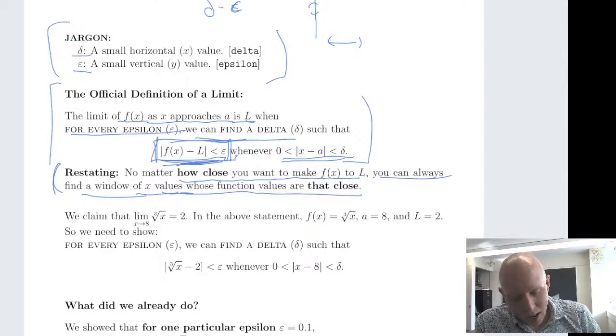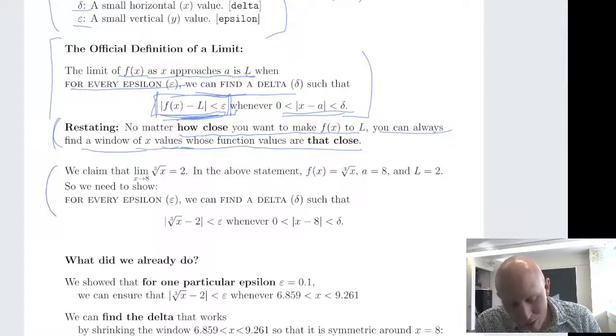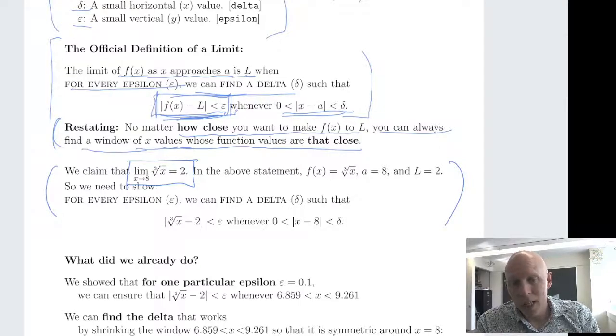So here's, for what we talked about just before this, we claim that this limit as x goes to 8 of the cubed root of x is equal to 2. So what that is from this official definition, this function f of x is equal to the cubed root of x, a is equal to 8, and L is equal to 2.